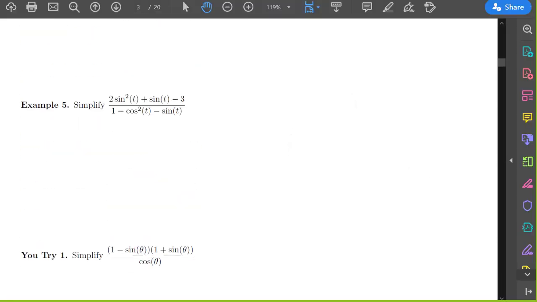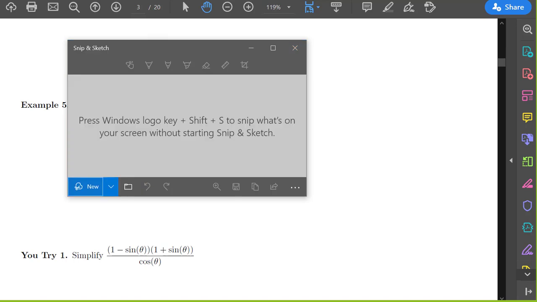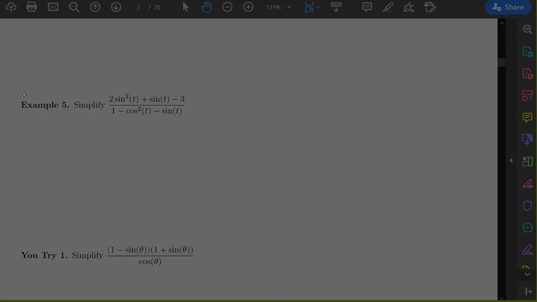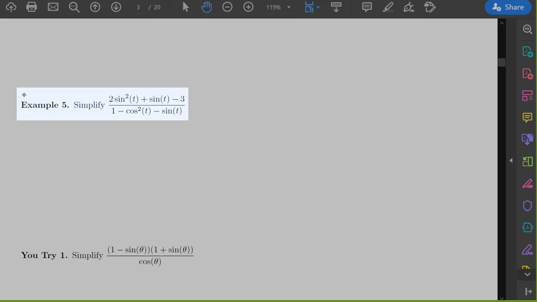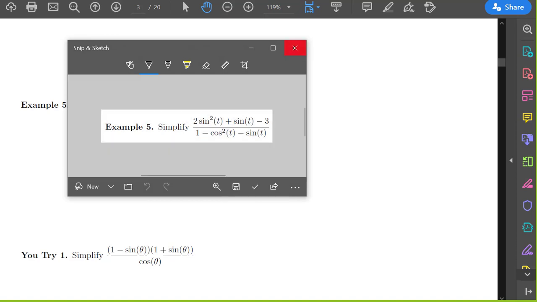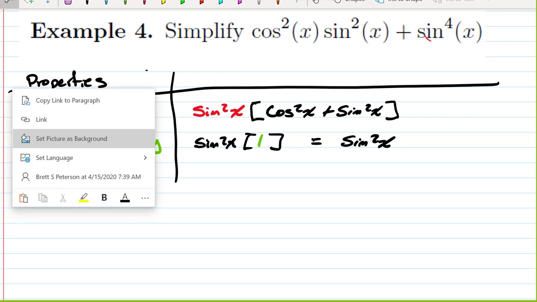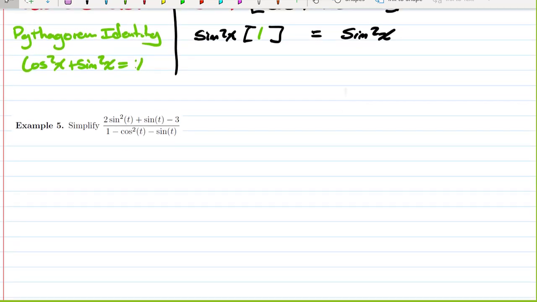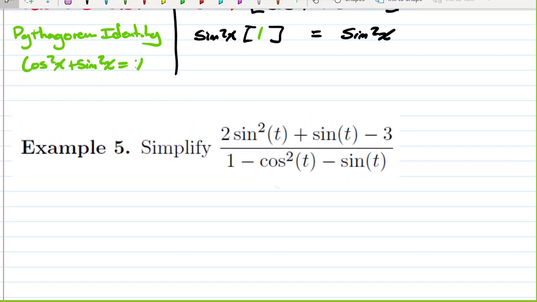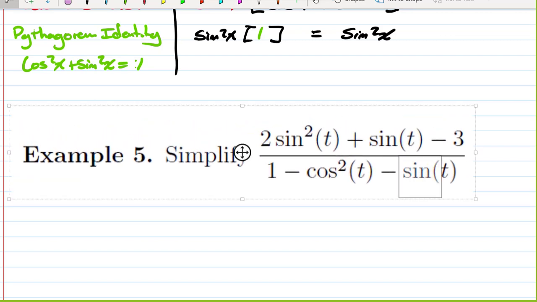All right, so one more example before you get a try to work on. So we wish to simplify the following.